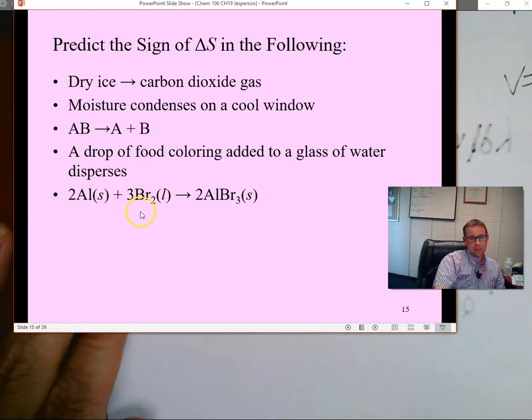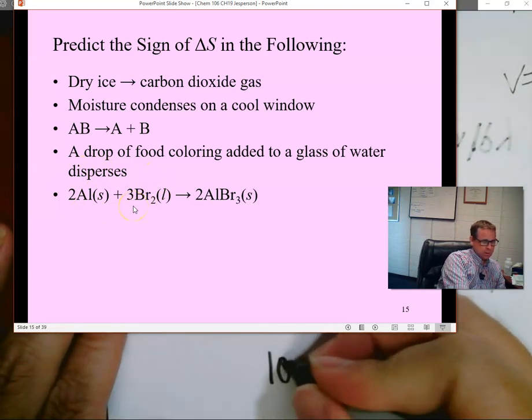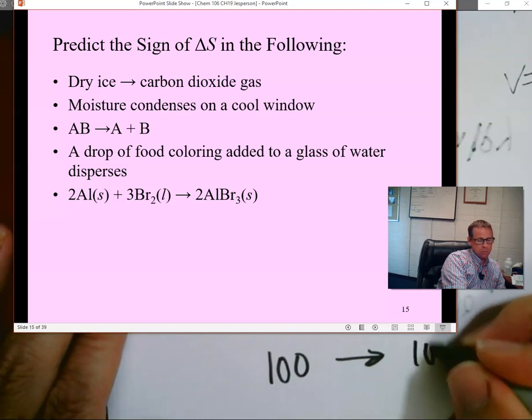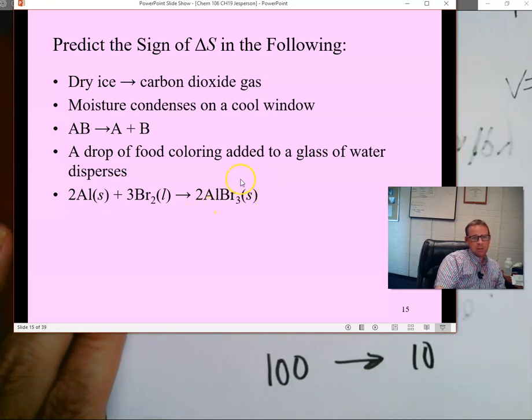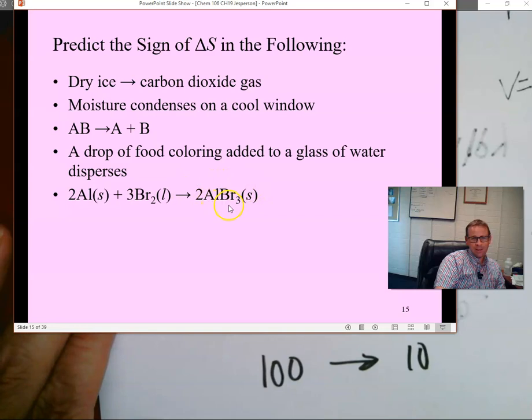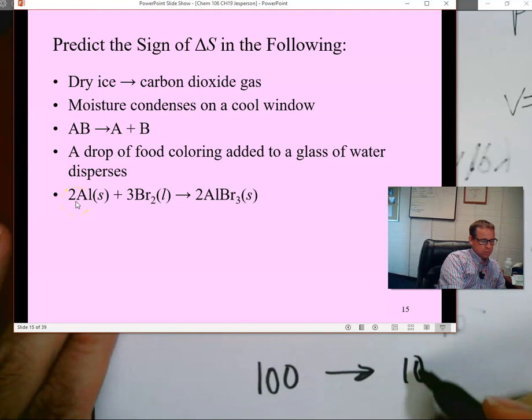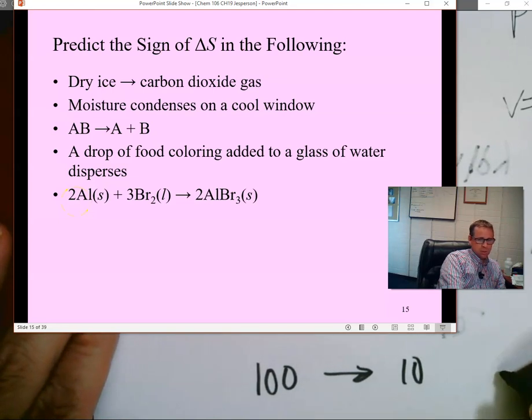So this side, I would say, gets our higher number, whereas the right gets a lower number, because this is solid. There's only one of it. This is solid and liquid. There's only one thing, 2 of them. Here there's 2 things, 3 of this and 2 of that. So 10 minus the 100, this is going to be a negative delta S.